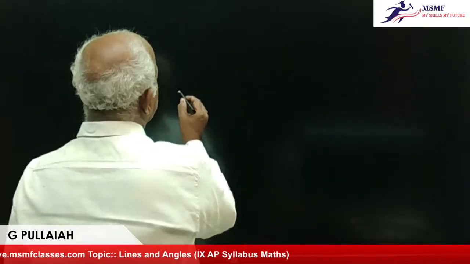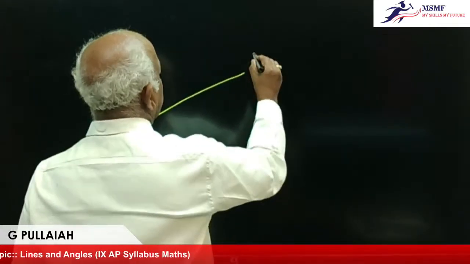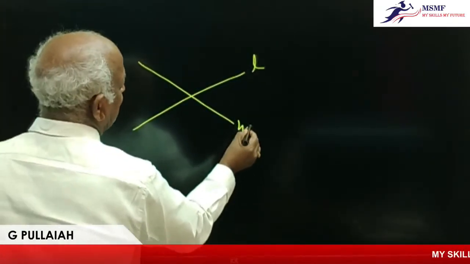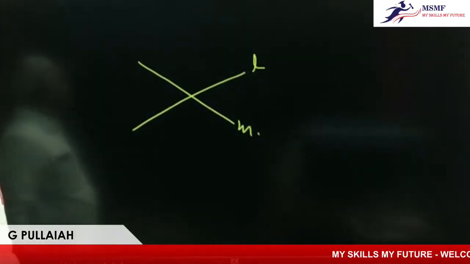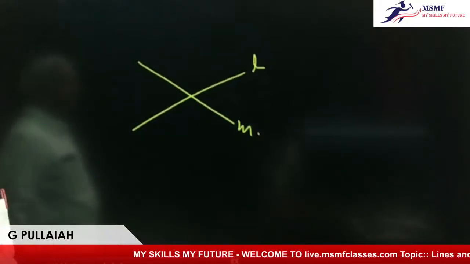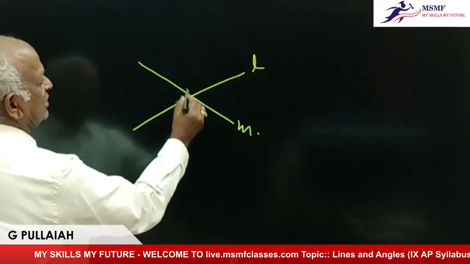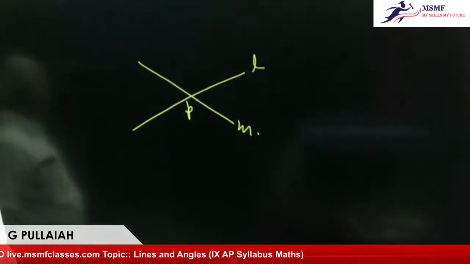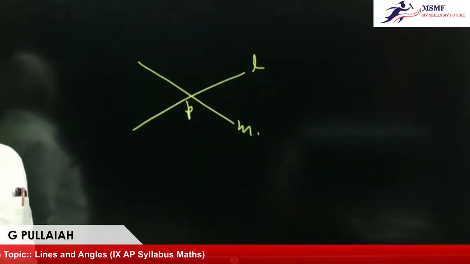Another important point. Let us say here is line L, and here is line M. These two lines are not parallel because they have a common point. Say this is P. So L and M are not parallel.